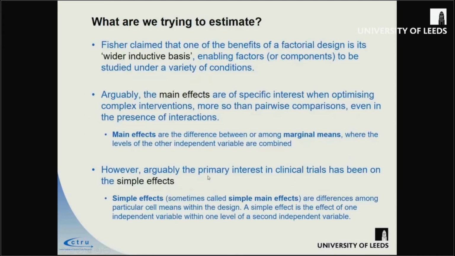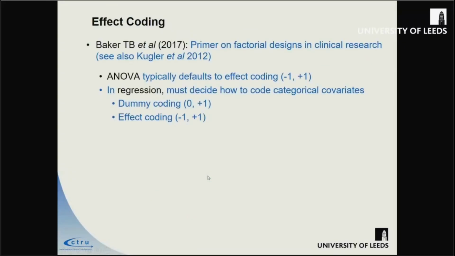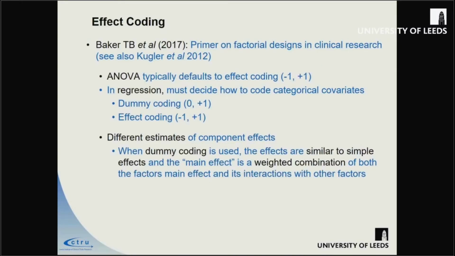And so as a result of that, the dummy coding is similar to the simple effects. It's using those things within the table, and the main effect, as I think of it, which is the marginal effect, is a weighted combination of both the main effect and the interaction effect.